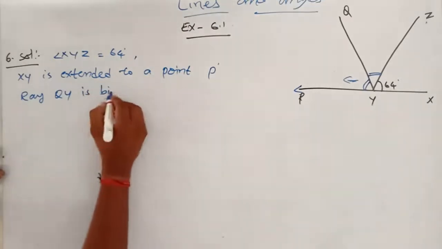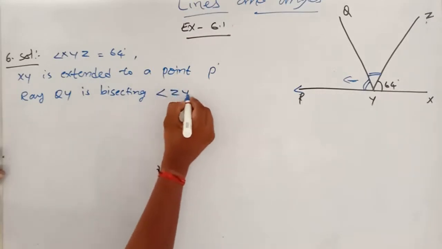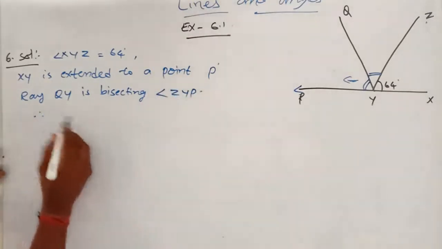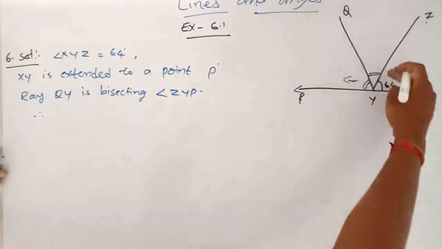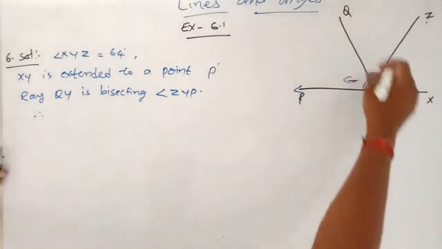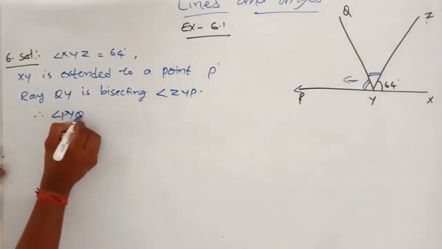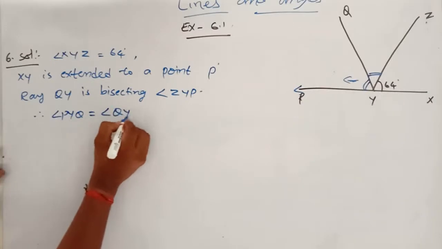Bisecting means the angles are going to be equal here. So therefore, if QY is bisecting angle ZYP, then automatically angle PYQ and QYZ are equal. Angle PYQ is equal to angle QYZ.